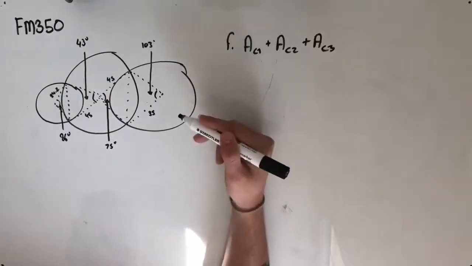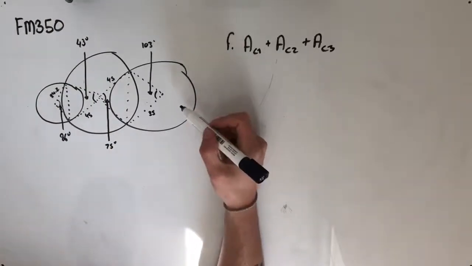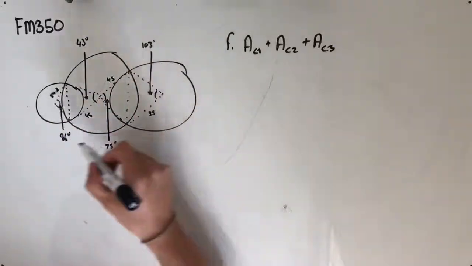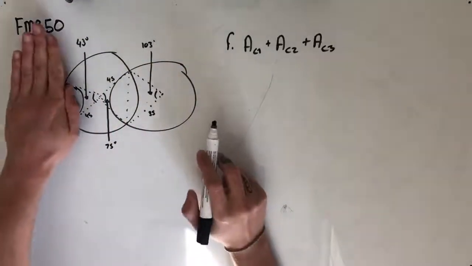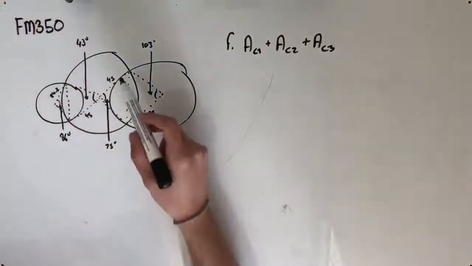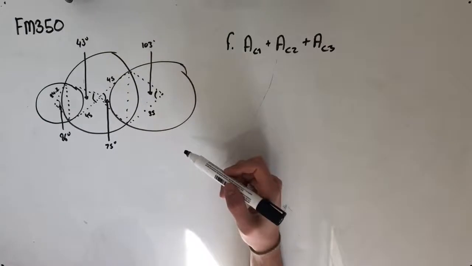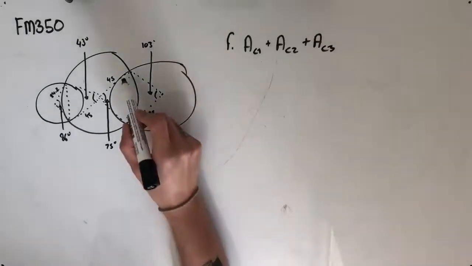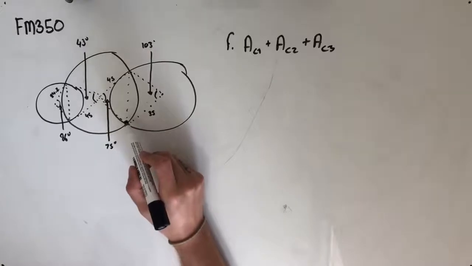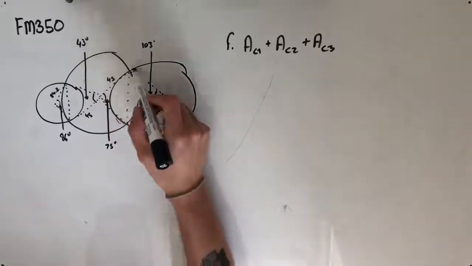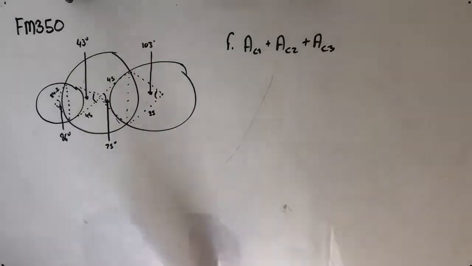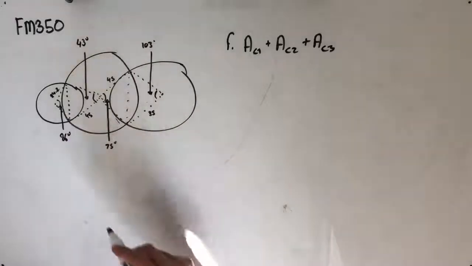Now you might see that we're going to run into a little problem here, because if we take both the area of this circle and the area of this circle, let's forget about the third circle for a moment, we're going to have this overlapping region in the middle where we're doubling up on our area. So in order to account for that, we're going to need to remove the segment pair here, the segment of circle 1 and the segment that's made by circle 2. And we're also going to do the same thing over here.